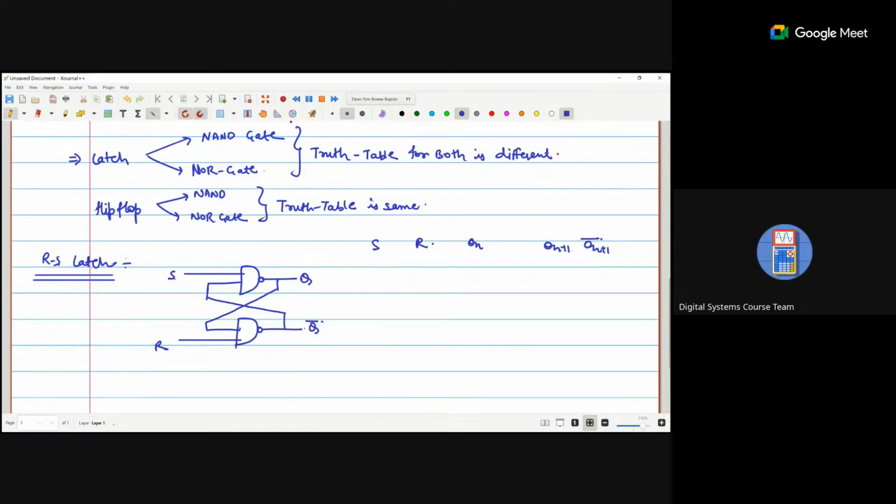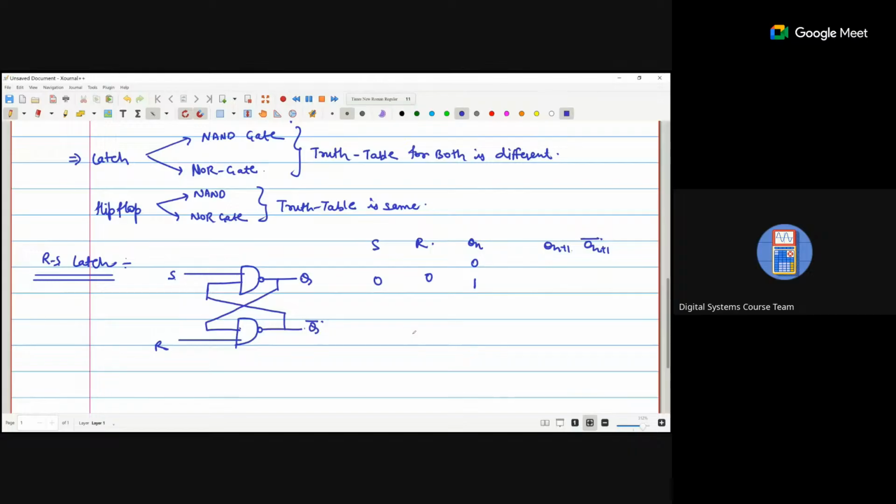What is Qn? Qn is the previous output. So if I take S R as 0 0, Qn I am taking as 0 and 1. That means the previously stored output is there, and that output is either 0 or 1.